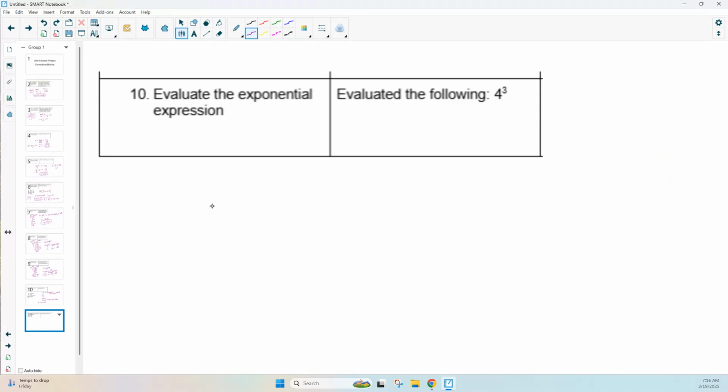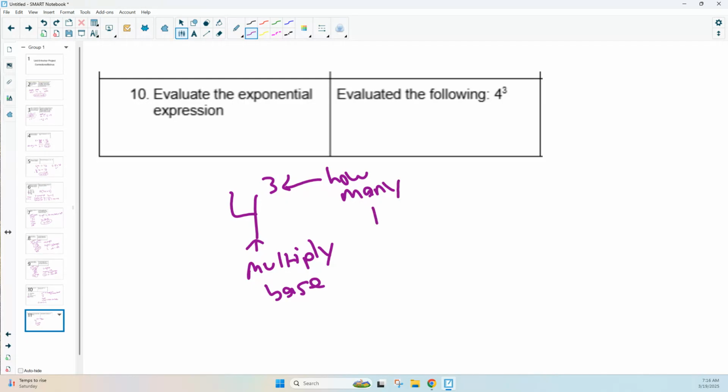Evaluate the exponential expression. We have 4 to the 3rd power. Again, we are multiplying 4 because that is our base. 3 is our exponent, which tells us how many times. So 4 to the 3rd power would be 4 times 4 times 4.